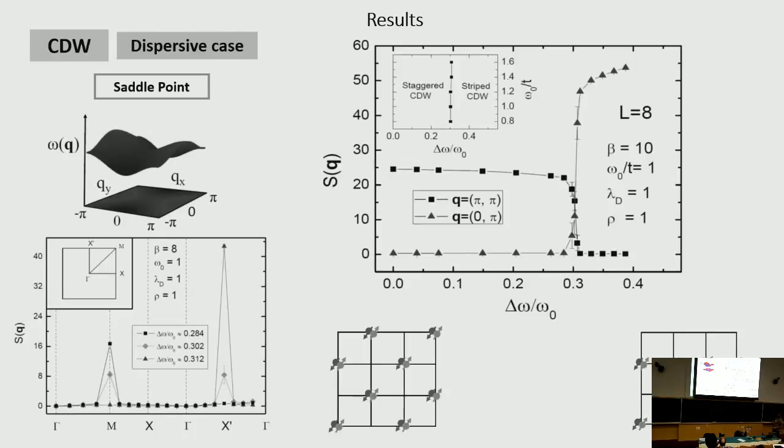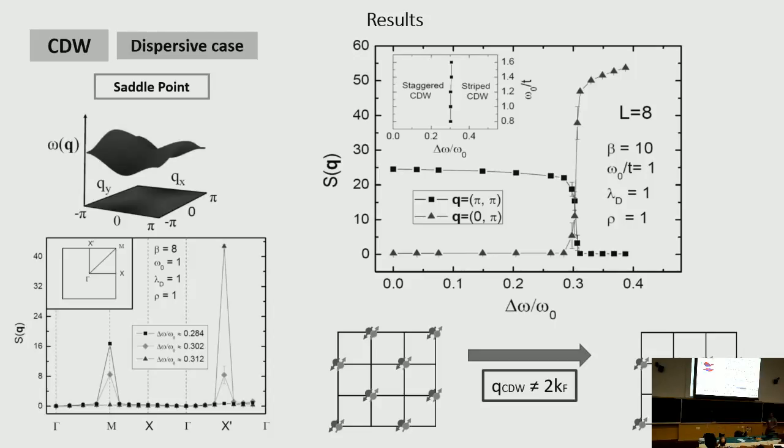So the point is that when you have this kind of saddle point, you have one kind of staggered charge density wave, and then for a critical value you change to a charge ordering that's stripe-like.